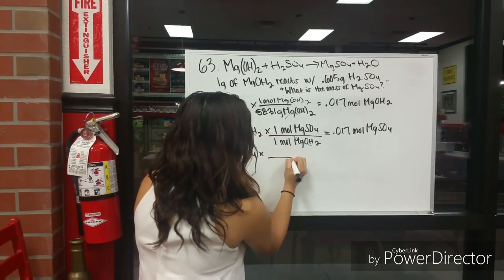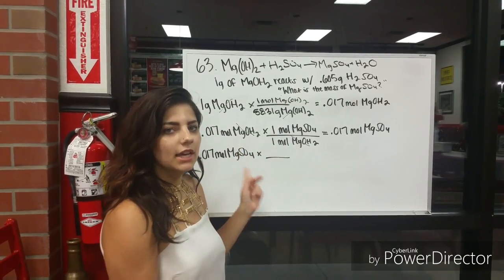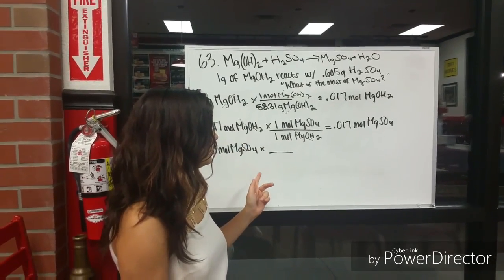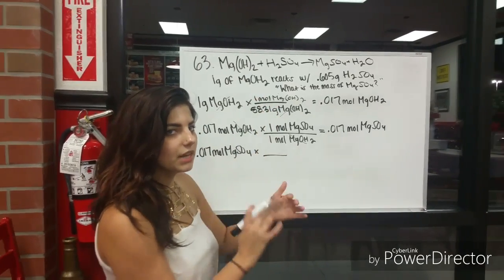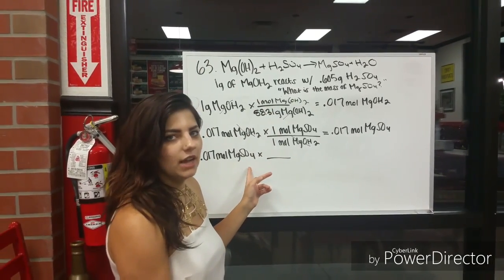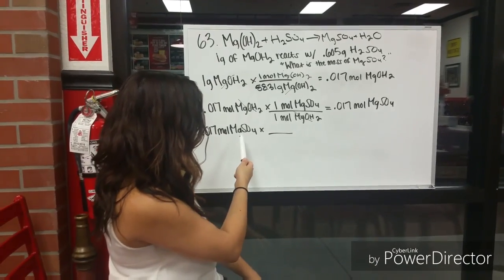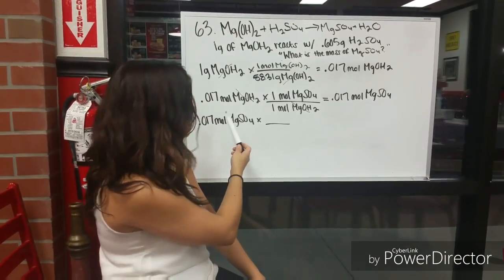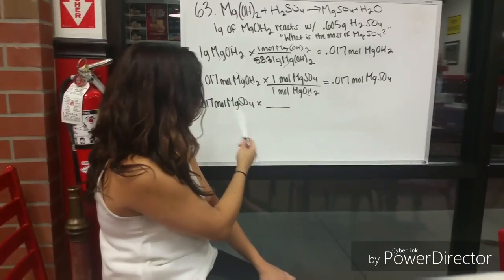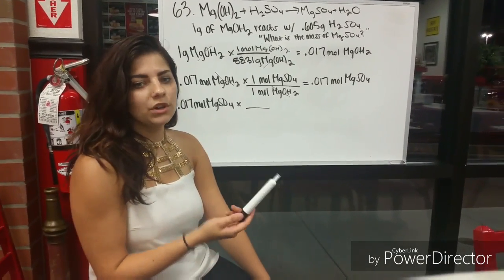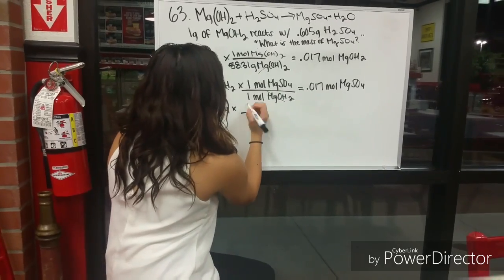So what we're going to do is get this into grams, and how we're going to do that is we're going to do what we did up here essentially, but we're going to flip it. So we're going to find the molar mass of MgSO4. And how we do that is we get the numbers from the periodic table of Mg and SO4, and we add them up, and that equals 120.38.